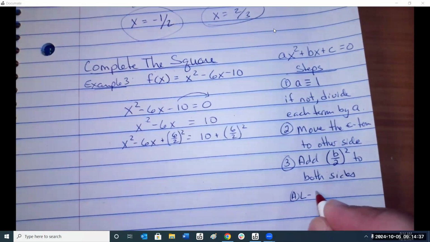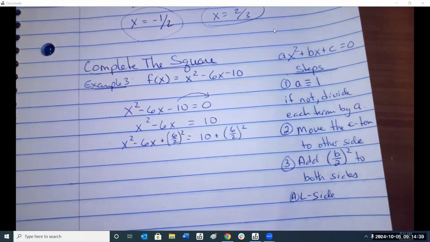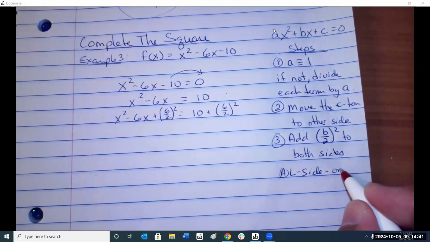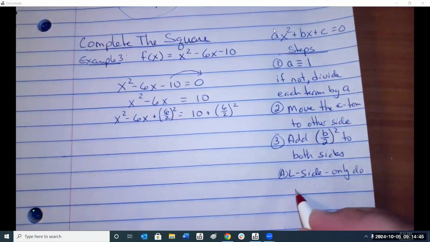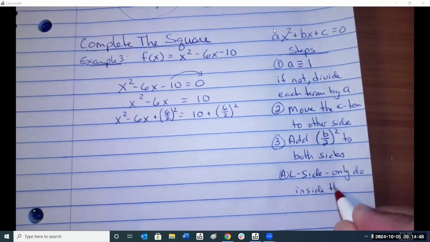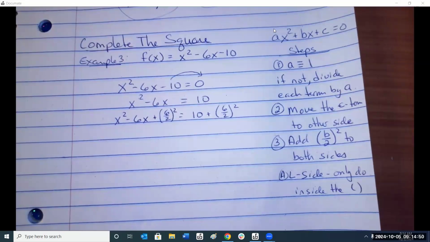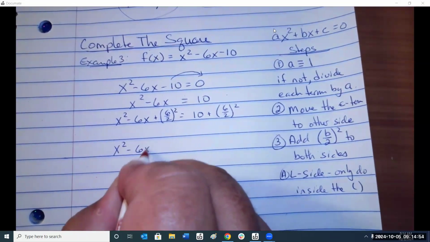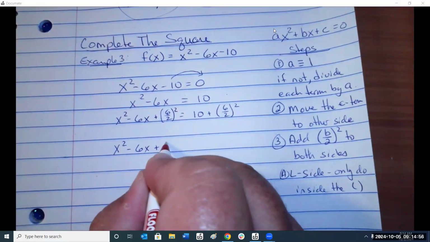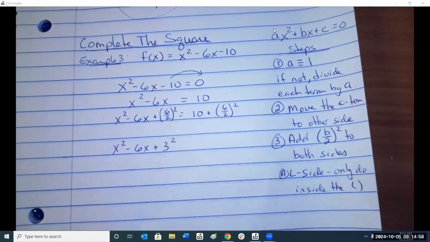To the left side, only do inside the parentheses. So we have x squared minus 6x plus 3 squared.